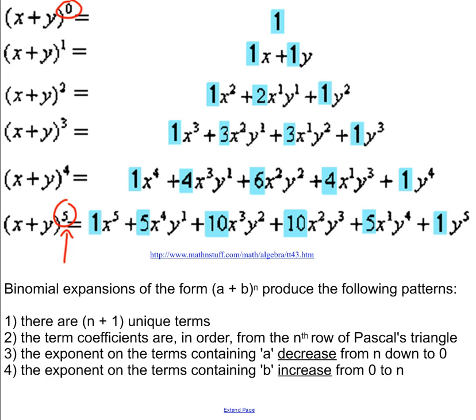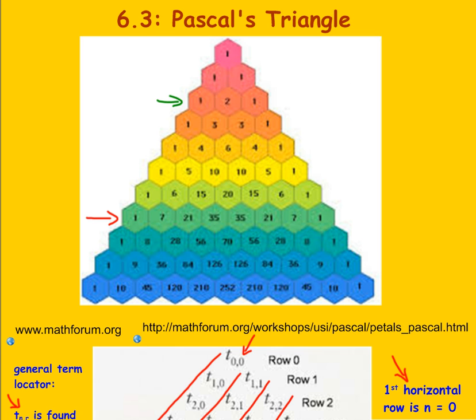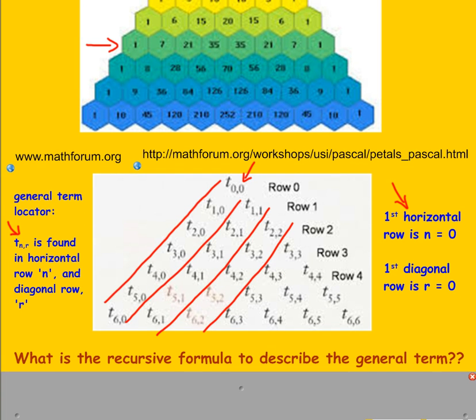All right, let's just see if we can apply what we've learned so far. We've got an array of numbers called Pascal's triangle. We've discovered that there are certain ways of identifying where these numbers are found in a certain notation called the general term locator. It has to do with horizontal and diagonal rows.